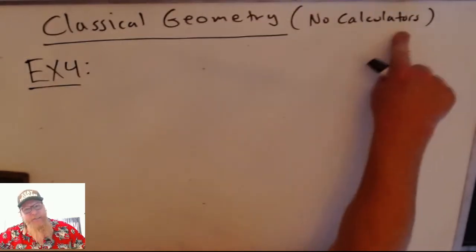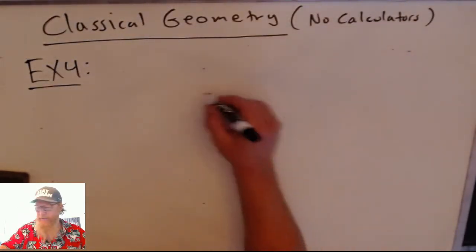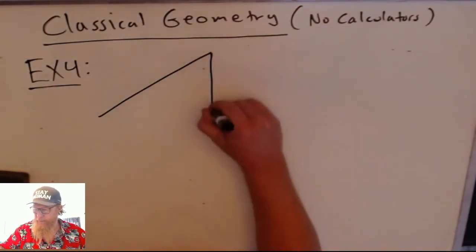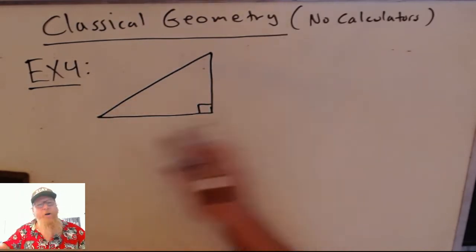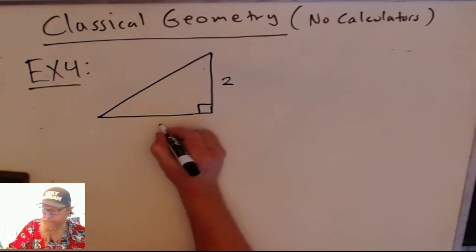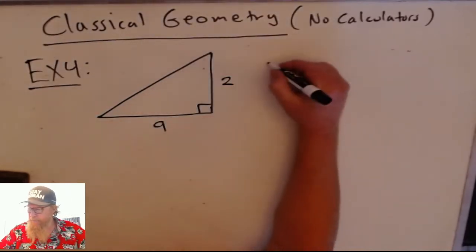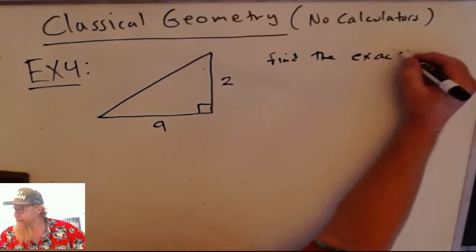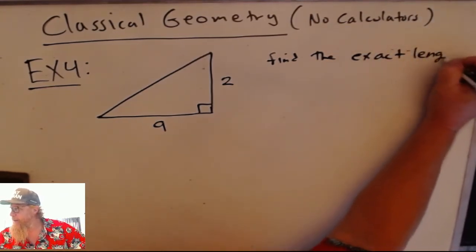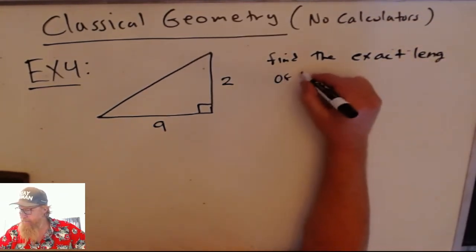So that's not just a suggestion. That's the law of classical geometry. Some folks start with classical geometry when this is taught. Example 2, find the exact length of AB.